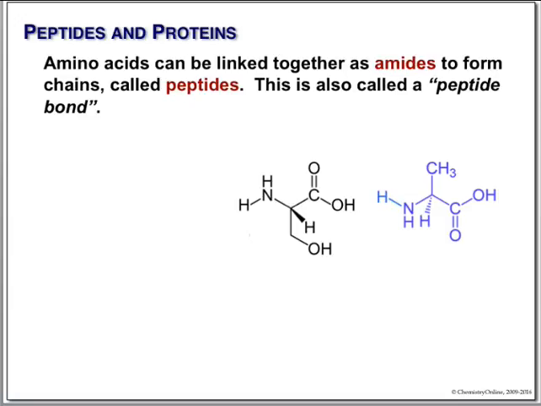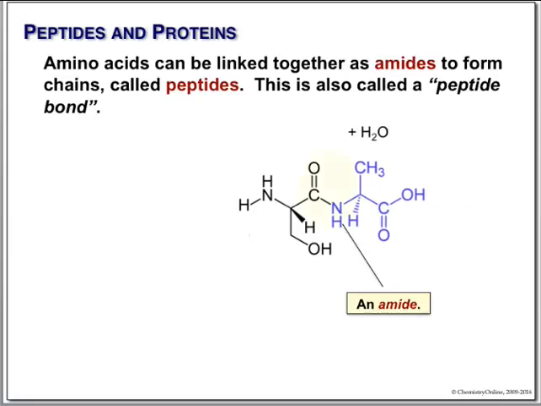When it does, we're going to lose an OH and an H. That's water. So watch the magic. The water goes up, and we form an amide. The amide is the backbone of a protein. This is now another amino group, isn't it? It can react with another acid group, can't it?